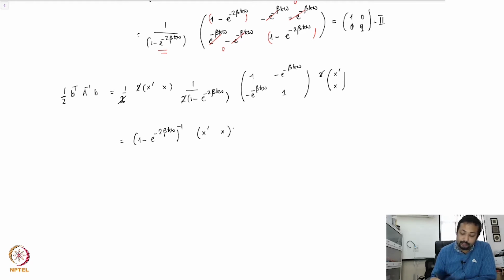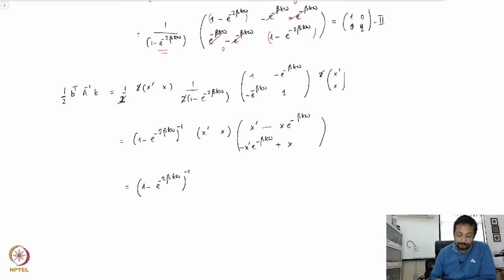times the B transpose, and if I do the matrix multiplication, I will have x' minus x e to the power minus beta h bar omega, and then I'm going to have minus x' e to the power minus beta h bar omega plus x, so that this becomes (1 minus e to the power minus 2 beta h bar omega) inverse, and I have x' square minus x' x e to the power minus beta h bar omega should be here, e to the power minus beta h bar omega should be here, and then I'm going to have x square.